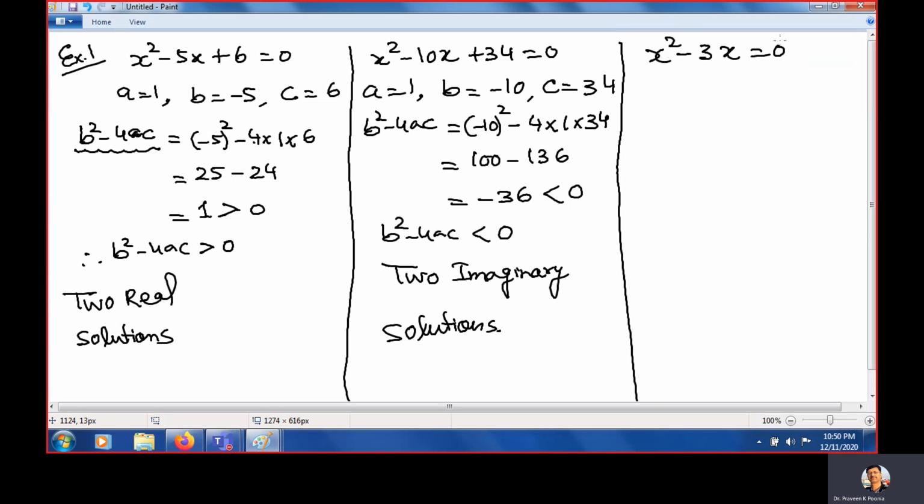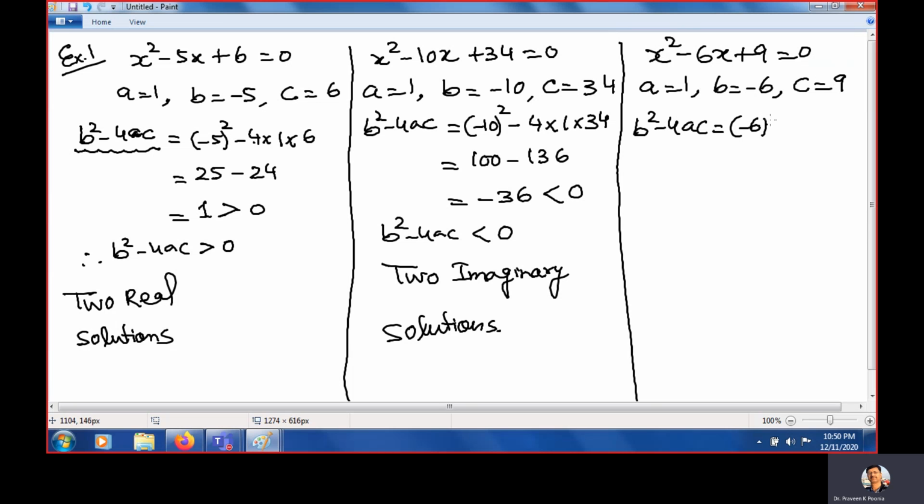No, in this case, we will not get it. x square minus 6x plus 9 is equal to 0. If this is the case, what is the value of a? It is 1. What is the value of b? Minus 6. What is the value of c? It is 9. So calculate b square minus 4ac.